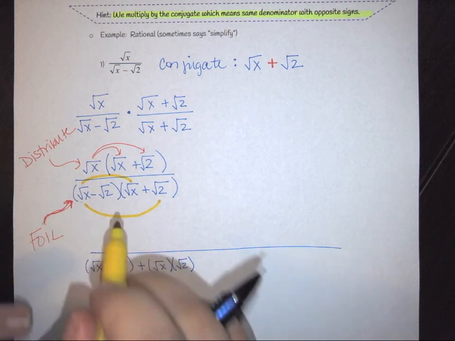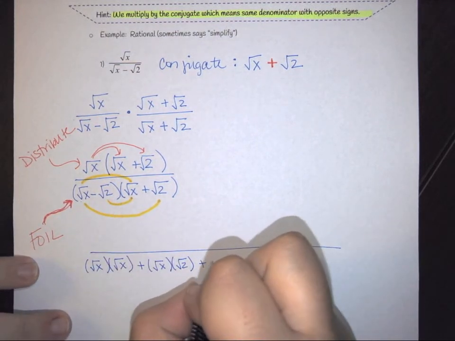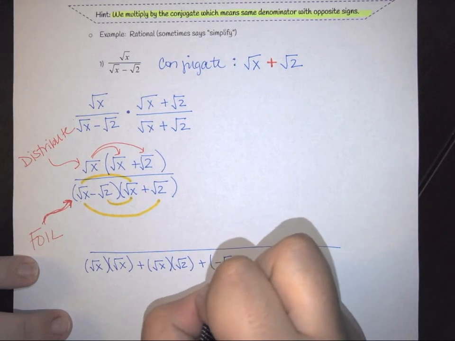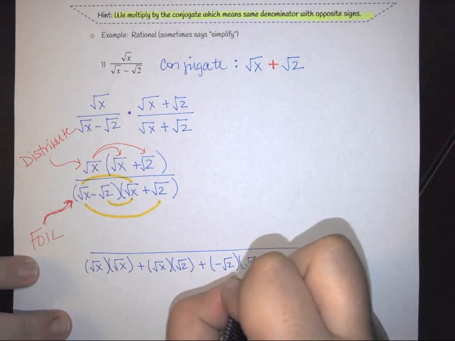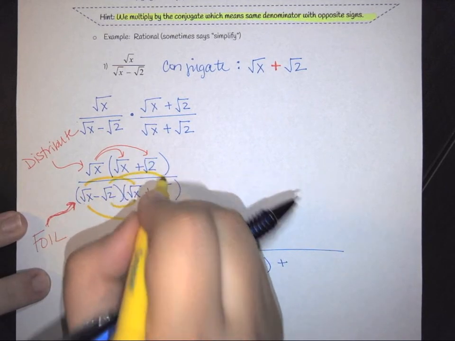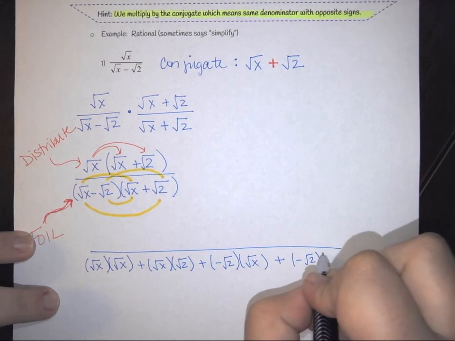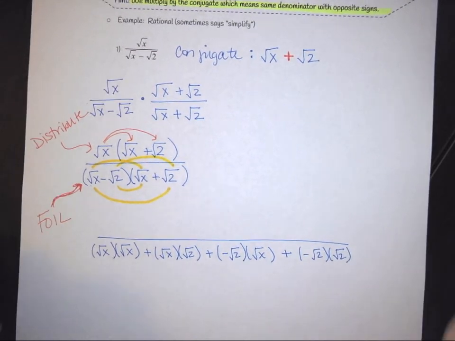Then I have to do inner, so I'm going to add negative square root of 2 times the square root of x. And then I have last, so this is negative square root of 2 times the square root of 2.